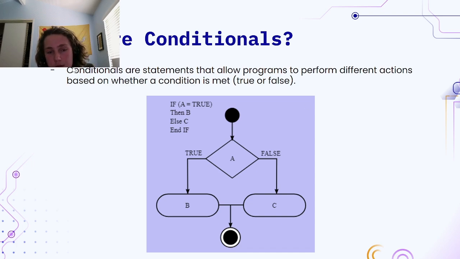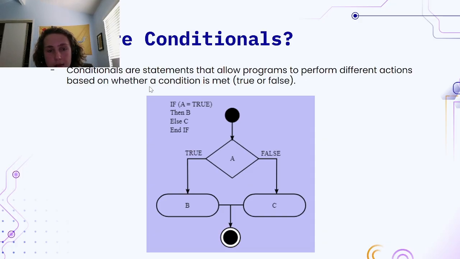So, conditionals, or if statements, are statements that allow programs to perform different actions based on whether a condition is met, which is a true or false value. This is Boolean. These are the Boolean operations that we used before, the logical operations, but they are actually used as logic in the code.